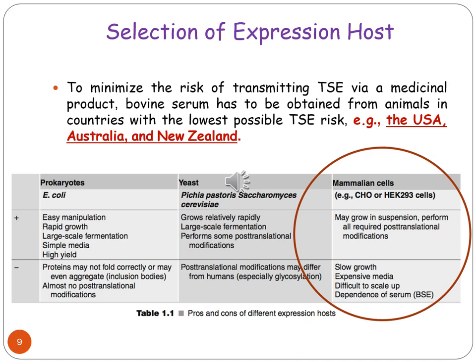Also, the mammalian cells need expensive media, and especially the serum. If we use the serum, it's expensive and it has the highest possible risk of prion contamination. Also, it's difficult to scale up. We'll talk about scale up in part 2. And here they said also dependence on serum. We already said that.